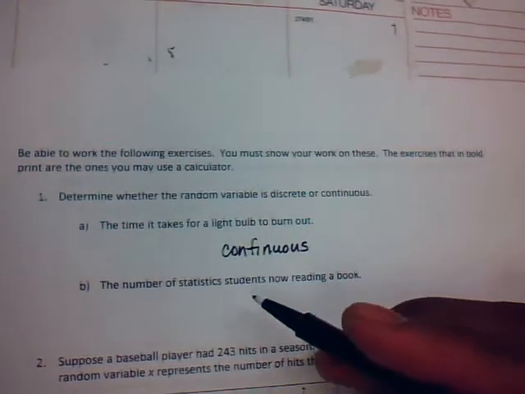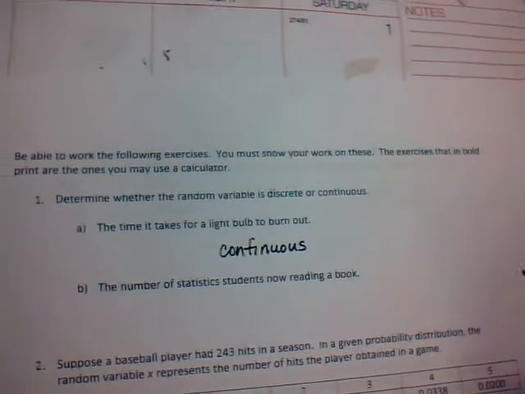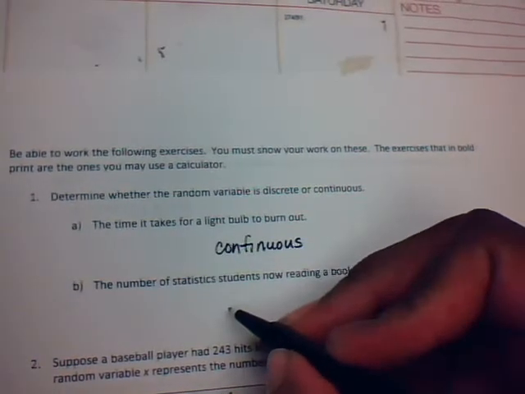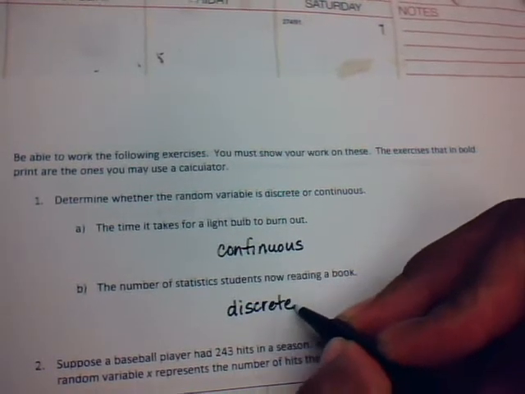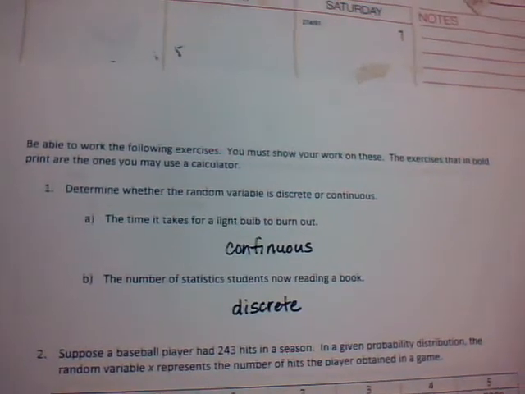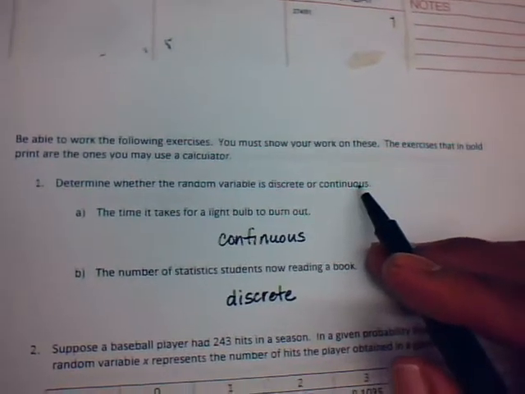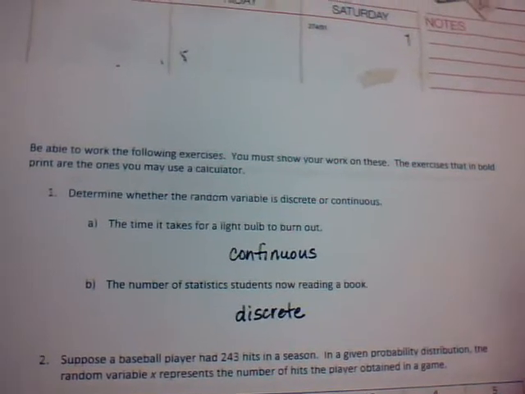And part B, the number of statistics students now reading a book, we can count the number of statistics students that are reading a book. So that would be considered discrete. Okay. So know the difference between a discrete random variable and a continuous random variable. That's discussed in chapter 5 in your text.